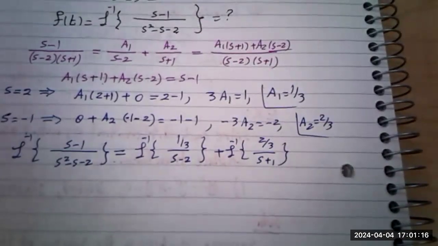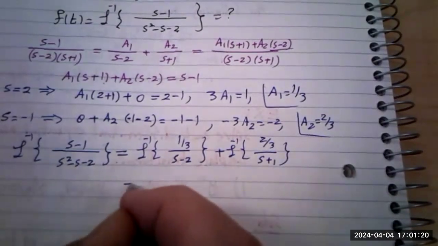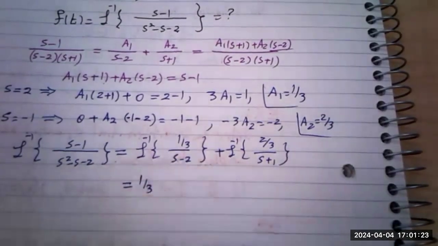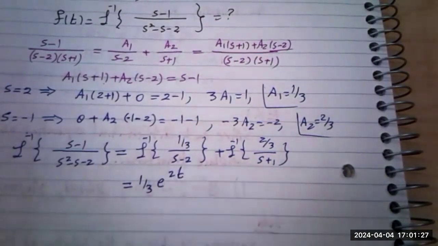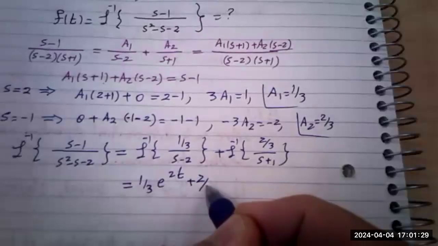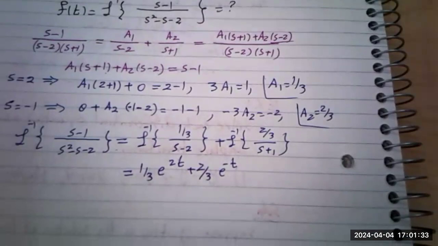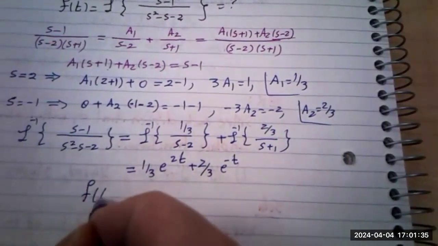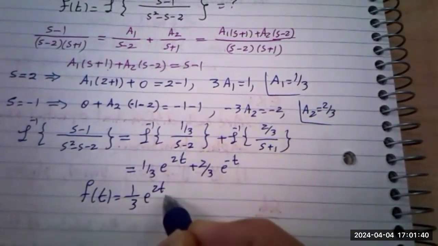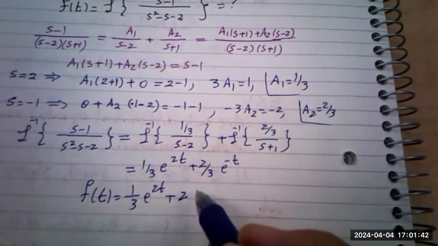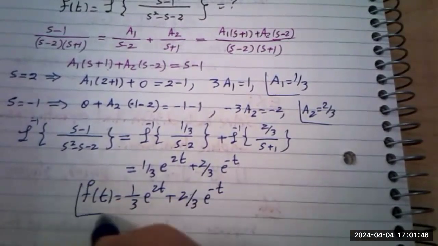Plug in the numbers and the rest are just exponential functions. So this is going to be 1/3, Laplace inverse of 1 over s minus 2 will be e to the 2t. Okay, this is going to be 2/3 e to the negative t. That's your function solution. F of t is equal to 1/3 e to the 2t plus 2/3 e to the negative t.